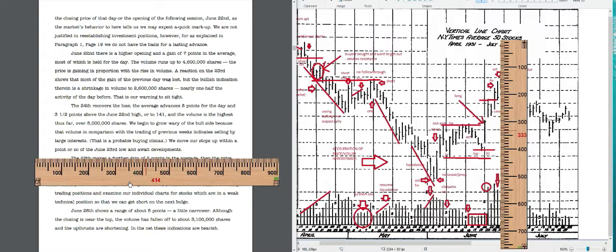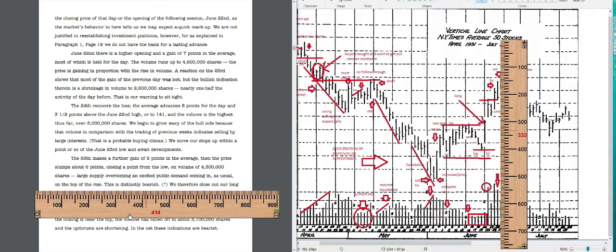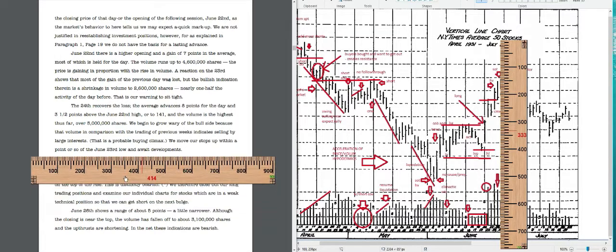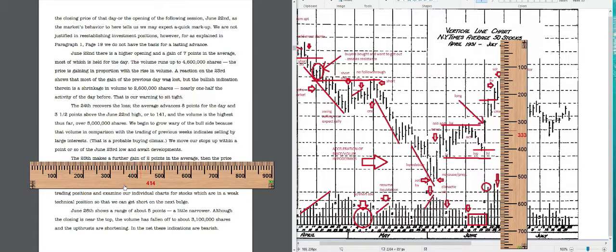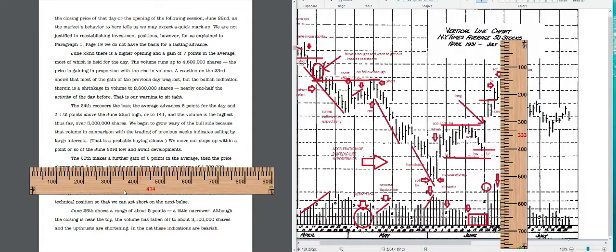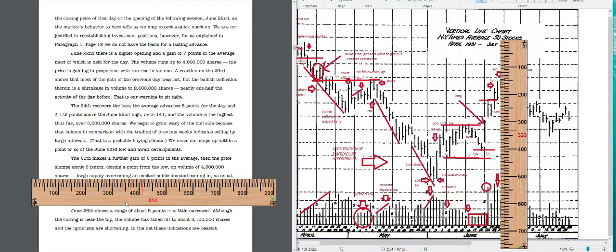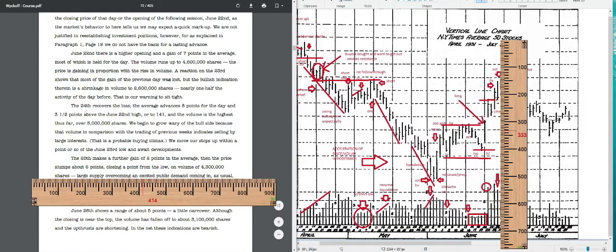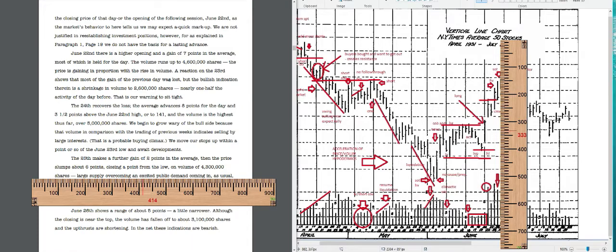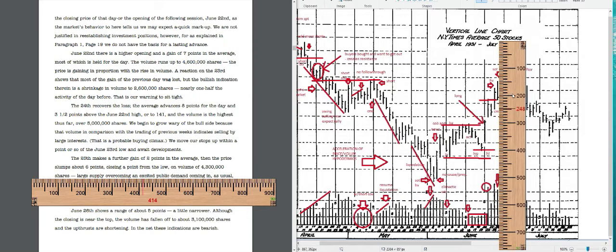We move our stops. The 25th makes a further gain of 2 points in the average. Then the price slumps about 6 points, closing a point from the low. So right here, this bar, how do you interpret when you have a climax and then a bar like this?